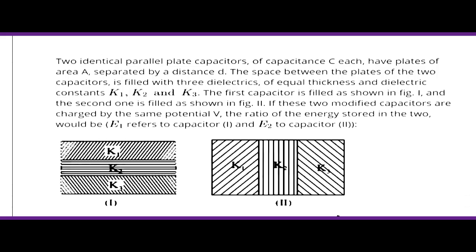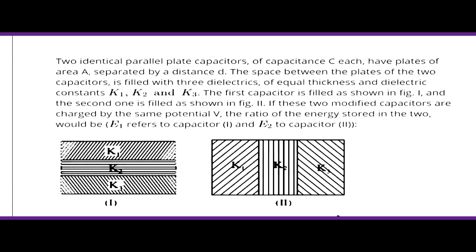The first capacitor is filled as shown in figure 1, and the second one is filled as shown in figure 2. If these two modified capacitors are charged by the same potential V, the ratio of the energy stored in the two would be E1 by E2, where E1 refers to capacitor 1 and E2 to capacitor 2.